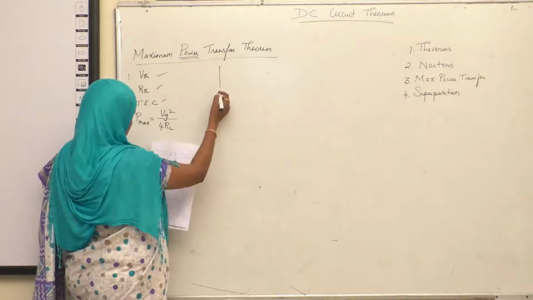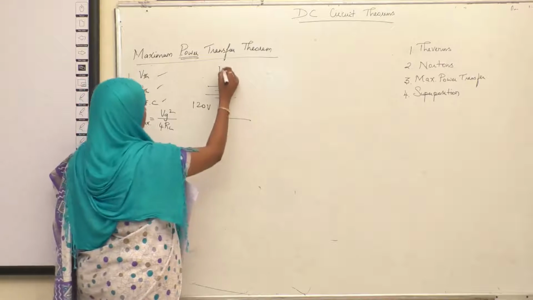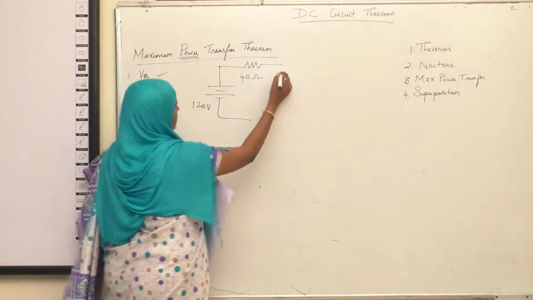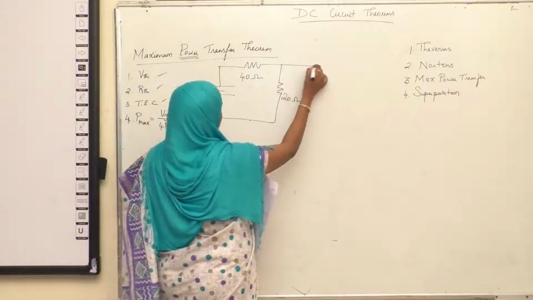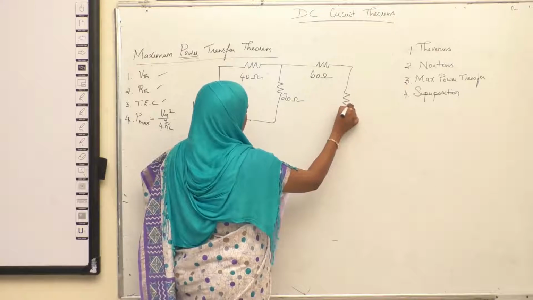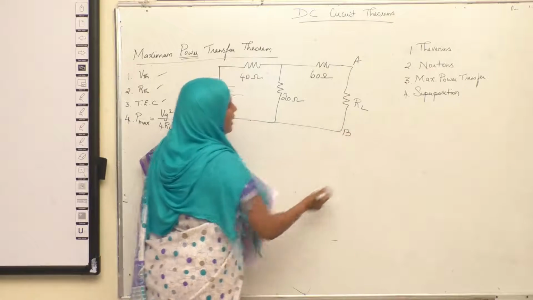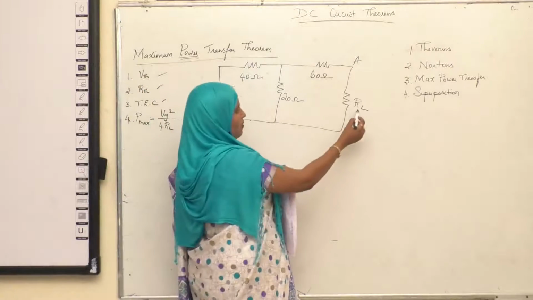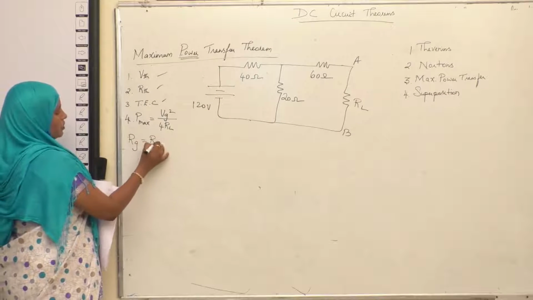Just take down this one. A voltage source of 120 volt is connected in series with a resistance of 40 ohm, then another resistance of 20 ohm, and another resistance of 60 ohm, and then comes the load resistance RL, which is connected between the terminals A and B. For this problem, you won't get the value of RL because we already know RL is equal to Rg.